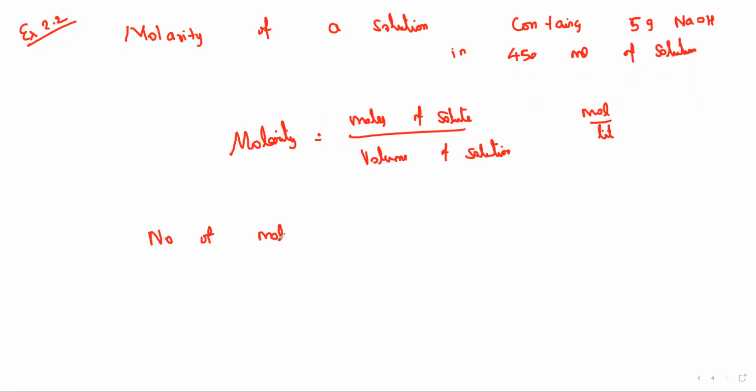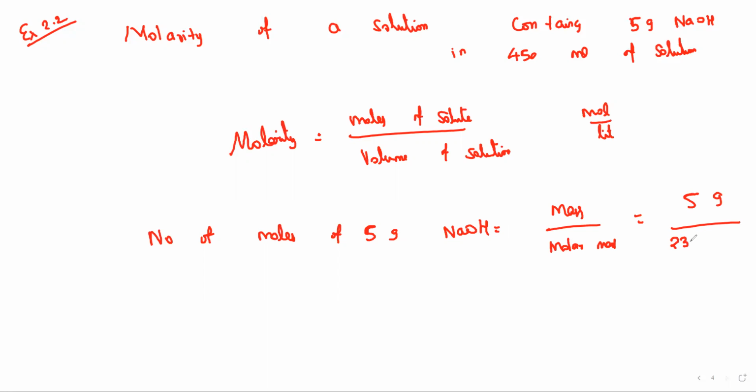Clearly we know the number of moles of NaOH, 5 gram NaOH. What is the formula? Mass by molar mass. So what is the mass? It is 5 gram. What is the molar mass? For sodium it is 23. The atomic number is 11.